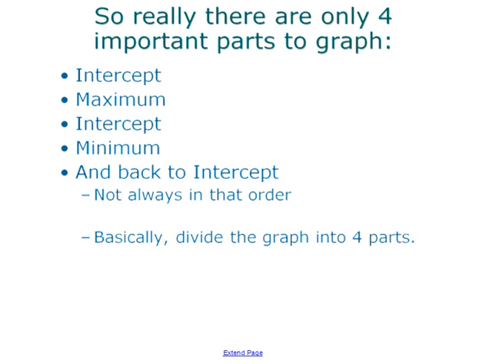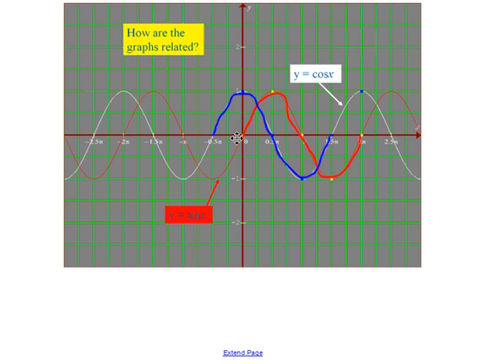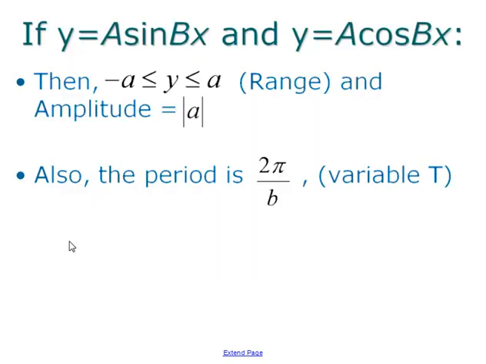So if I look at my sine, the red graph here, it starts here at the intercept, maximum, intercept, minimum, intercept, maximum, intercept, minimum, and so on. Cosine, normally you would start here on the y-axis, so it starts at a max, intercept, minimum, intercept, maximum, intercept, minimum, and so on.